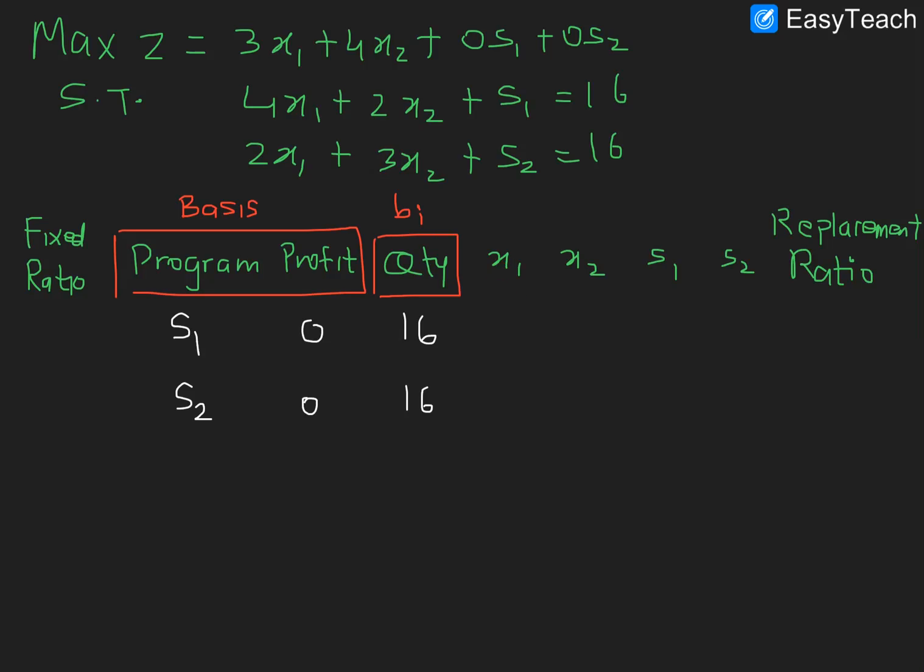So I need to sacrifice 4 units of raw material for x1, 2 units of raw material for x2, and the same way for s2, that is for labor: 2 units of labor to produce 1 unit of x1, and 3 units of labor to produce 1 unit of x2. Okay, then coming to these sacrifice ratios, how many units of s1 should I give up to get 1 unit of s1?